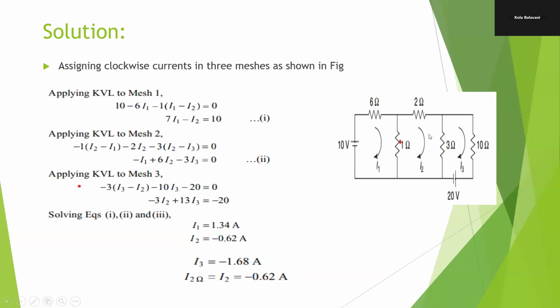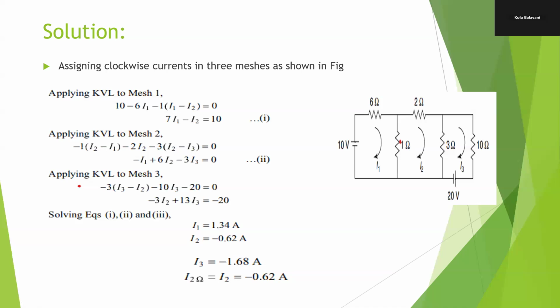Next, applying KVL for the second loop. Here the I2 current is passing in the clockwise direction, and in the 1 ohm resistor two currents flow, I2 and I1, opposite to each other. In the 3 ohm resistor also, I3 and I2 both pass opposite to each other.